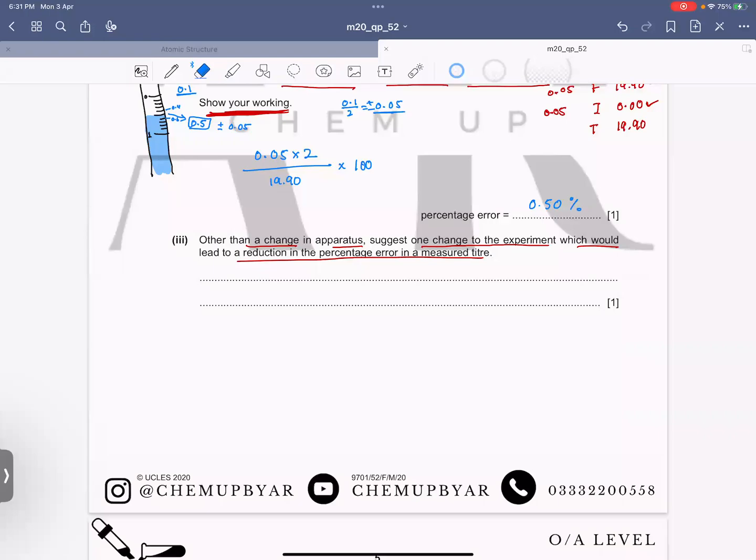Yes, am I audible now? Yes, sir. Okay. So what I was saying is that if this volume is increased, then obviously the percentage error would be reduced, right? Yes, sir.